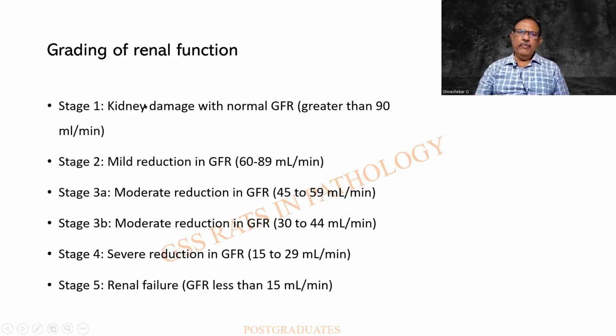So when the nephrologist or the urologist sends us a specimen, we are quite shocked because it looks almost normal. But then these are the various stages, stage 1 to stage 5. You find that the glomerular filtration rate is more than 90 ml. It progressively decreases to 15 ml per minute, and there is a renal failure towards it. This grading you people should know.